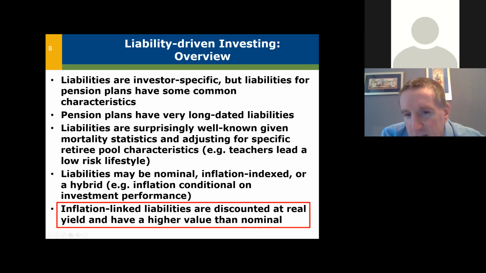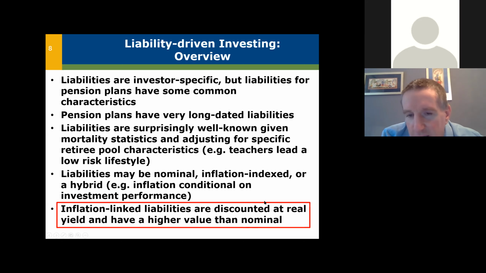So the value of my liabilities is $20, that is $1 divided by 5%. Now consider the case where that dollar grows with inflation. So this year it's $1, but next year it's $1.02, and then next year it's $1.04. You get the idea, it's going to compound.